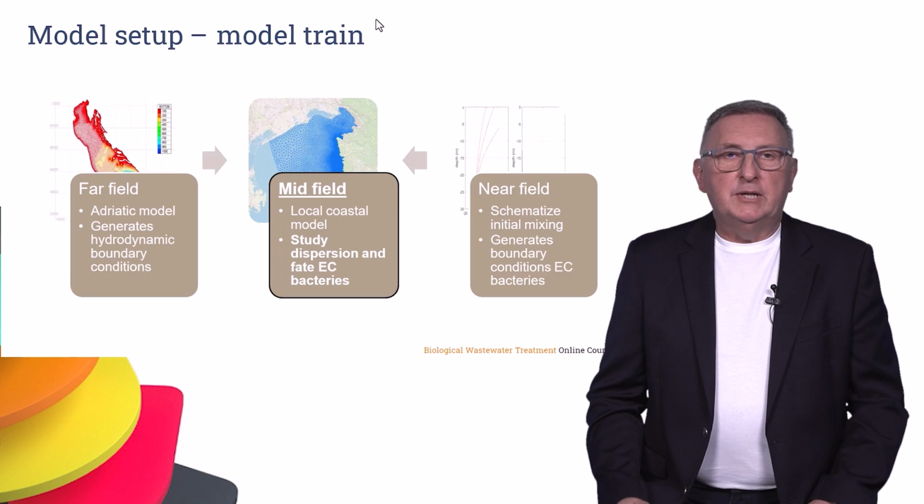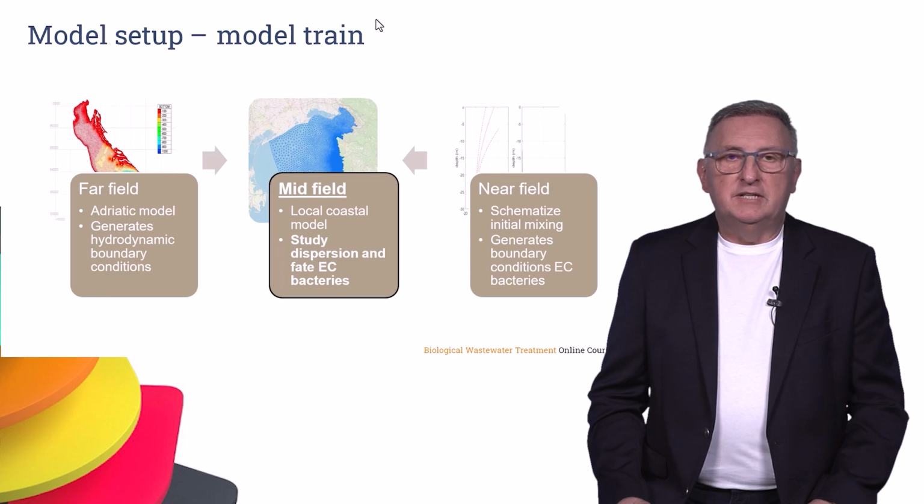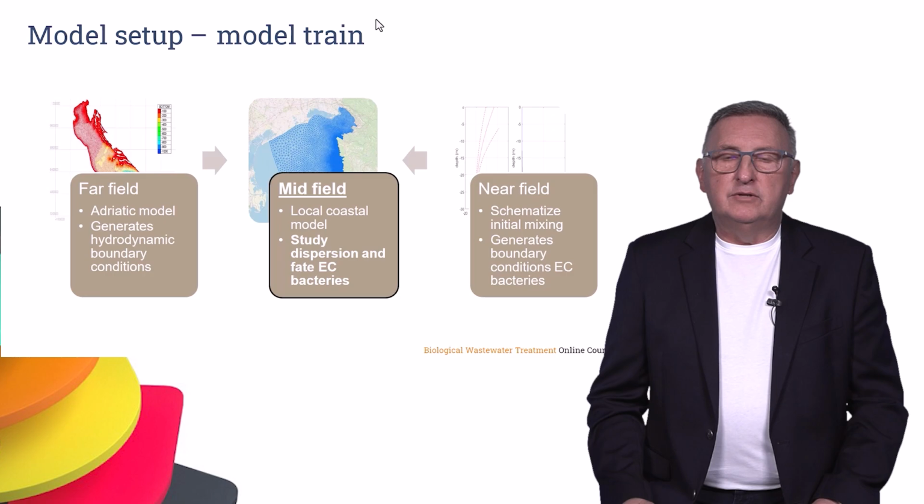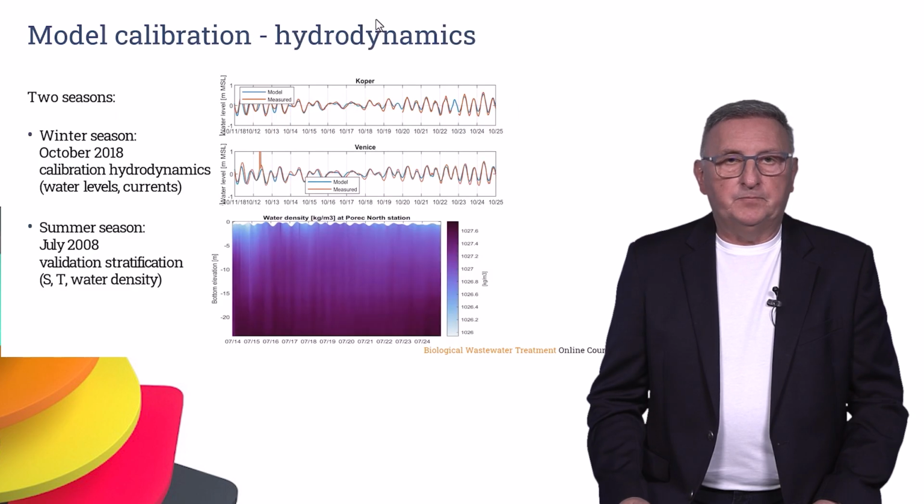In the seawater modeling study, we used 3 different models. The first one was a far-field model of the Adriatic Sea. The second one was a mid-field model around the Istrian Peninsula. And the third one is a near-field model, which was designed around the discharge of effluent into the sea.